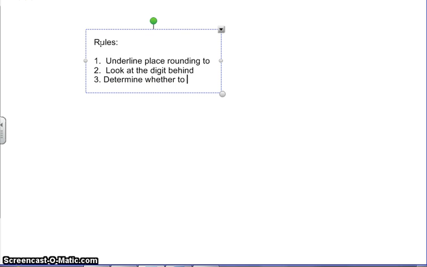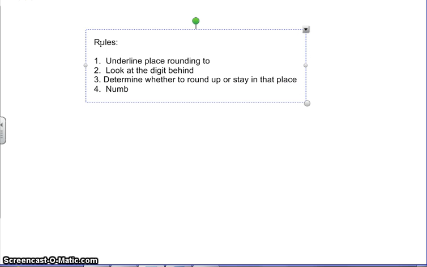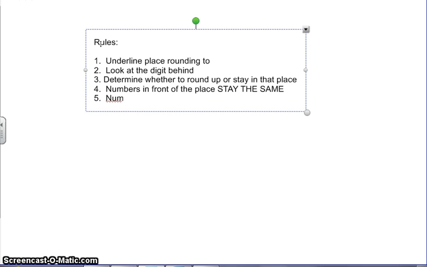Determine whether to round up or stay in that place. So your numbers in front of the place stay the same. Numbers behind the place become 0.